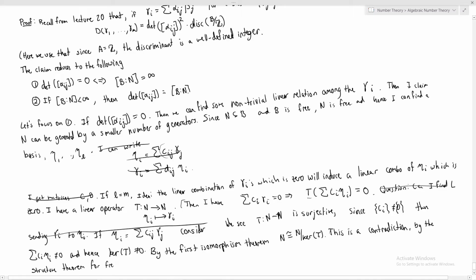Essentially, the kernel of T has to also be a free module. And if I take a free module modulo a free module, this thing's going to have a smaller rank than n.